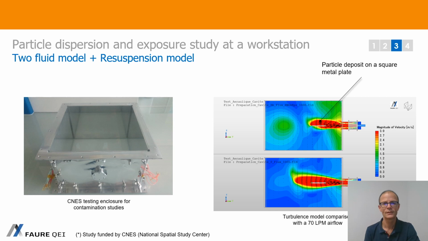The first SSStream model made for comparison has been defined as a simple enclosure, as you can see on the left, with a high-speed nitrogen flow sweeping a pre-contaminated surface.